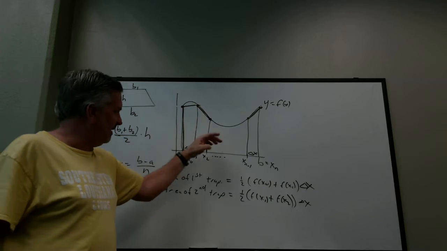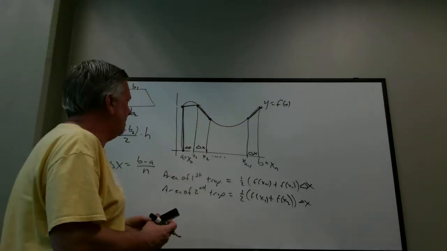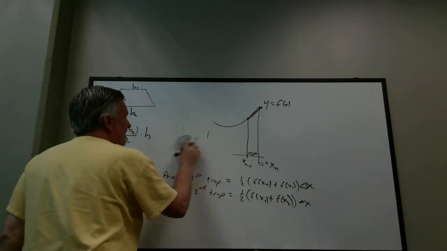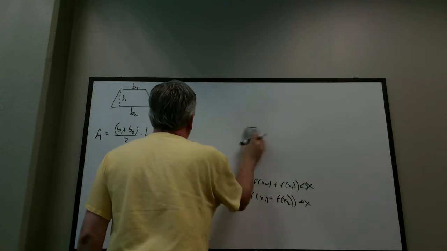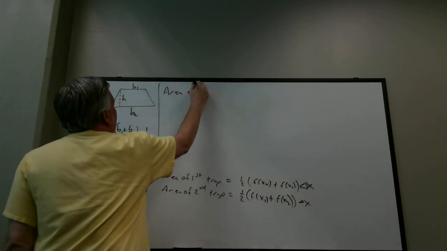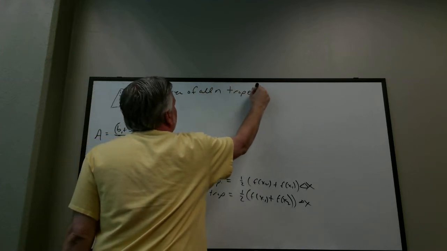So you would continue this: area of that trapezoid, area of that trapezoid, area of that trapezoid. Let's see. I don't need my picture anymore. Let's see if we can write a formula for the sum of the area of all n trapezoids.